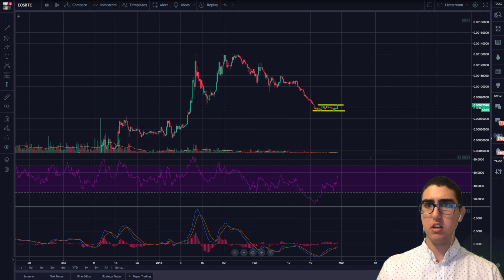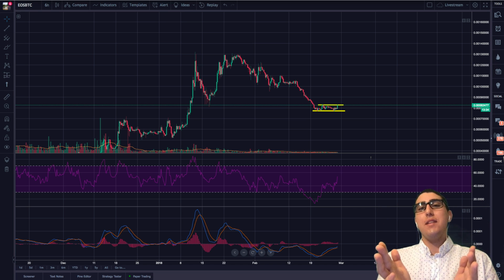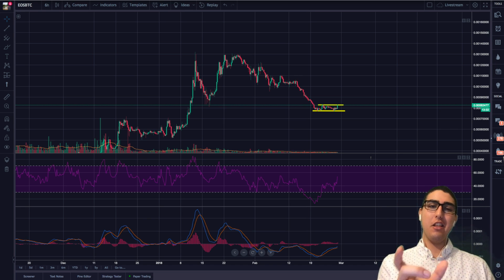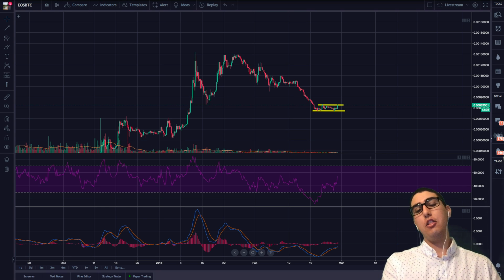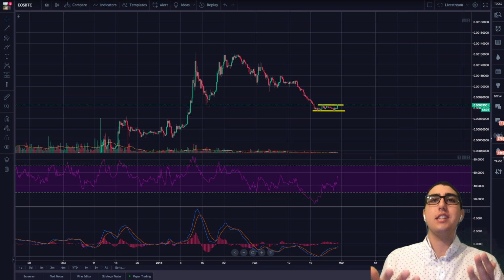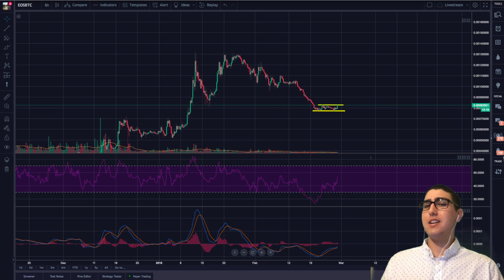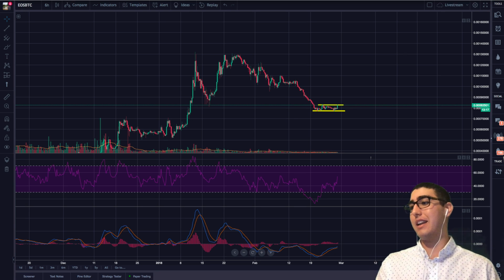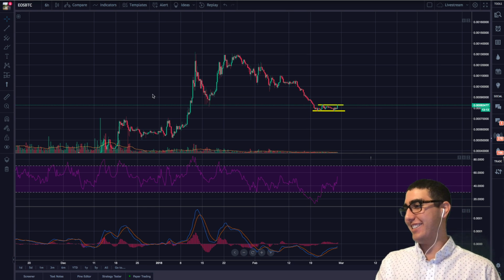Somebody said, will you shave your head if you hit... I'm not doing that anymore. Oh my gosh. Every time somebody comments, literally, somebody's like, if you hit 500 likes, are you going to shave your head? I literally see all the likes jump out of nowhere. And for some reason, we always end up hitting the target, and I end up having to do the bet. I might be good at technical analysis, I'm not too good with betting here. And look, the likes are going up now too.